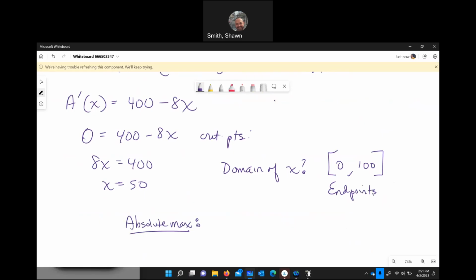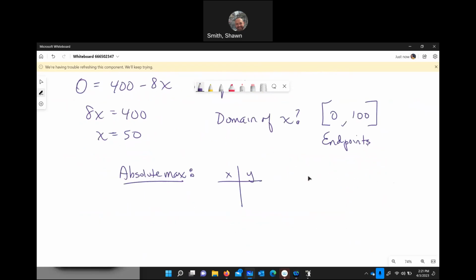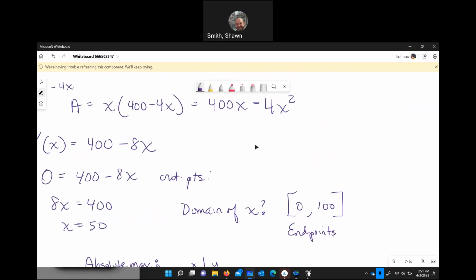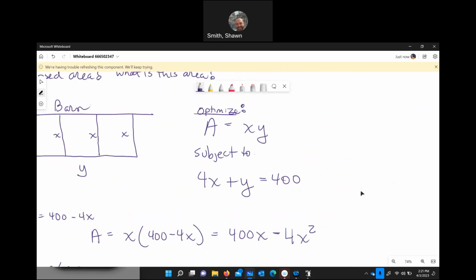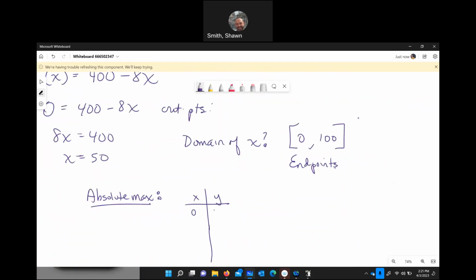So for the absolute max, we'll evaluate X and Y. X goes to 0. Plugging into the original function, if X is 0, we said Y is 400 feet, which gives an area of 0, right?